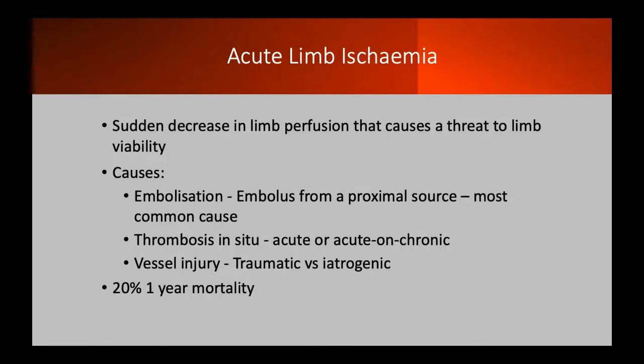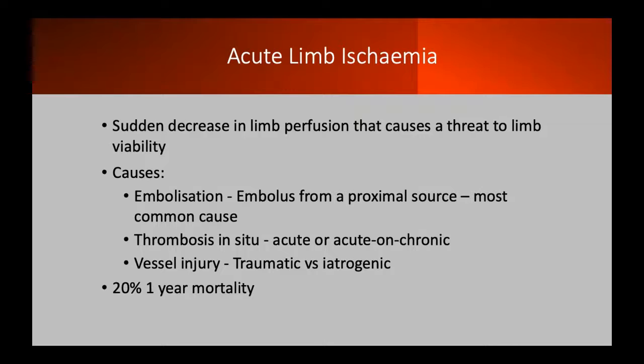The source of the embolus could be due to AF, post-MI, abdominal aortic aneurysm, or from a prosthetic heart valve. Second group is thrombosis in situ, where the atheromatous plaque in the artery ruptures, leading to hypercoagulability and then clot formation. So it's acute or acute on chronic, basically.